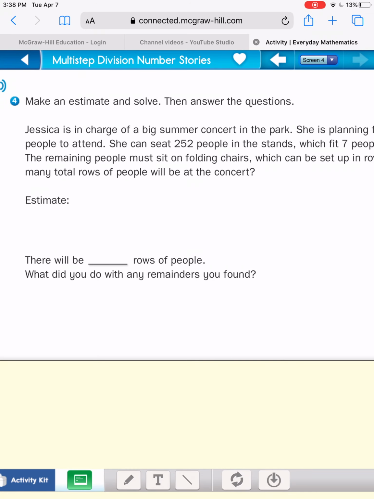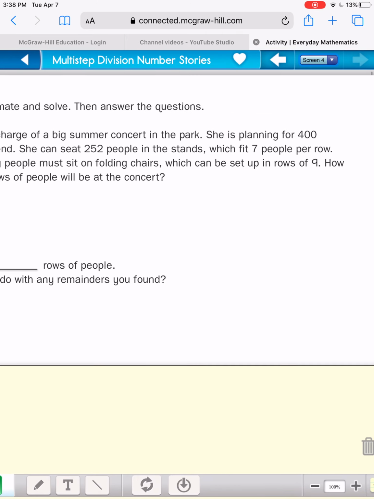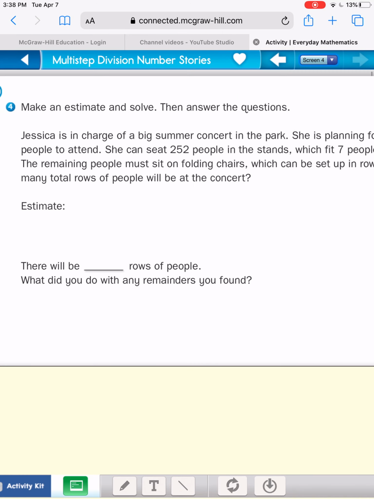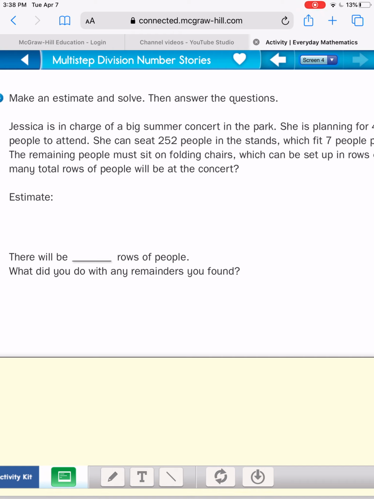Okay, so we know that there is a big summer concert in the park that Jessica is in charge of, and she's planning for 400 people to attend. So one of the things she needs to do is figure out where they're all going to sit. So she already has 252 of the people seated in the stands.